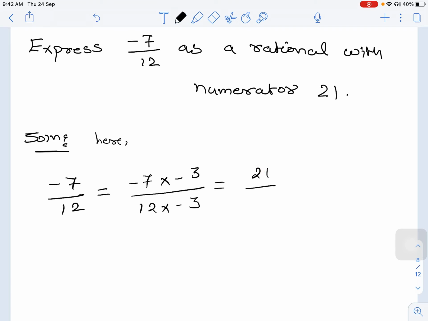So here also we will write 3. Now our numerator is confirmed. Now let us try to find the denominator. So plus into minus will become minus, and then 12 3s are 36. So what is our answer? That is 21 upon minus 36.